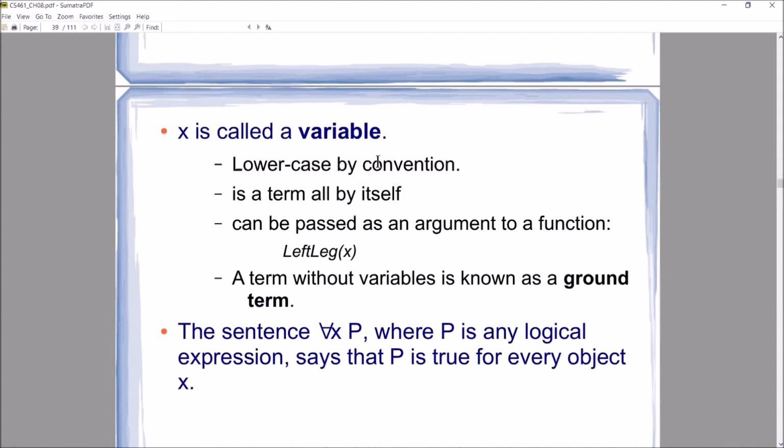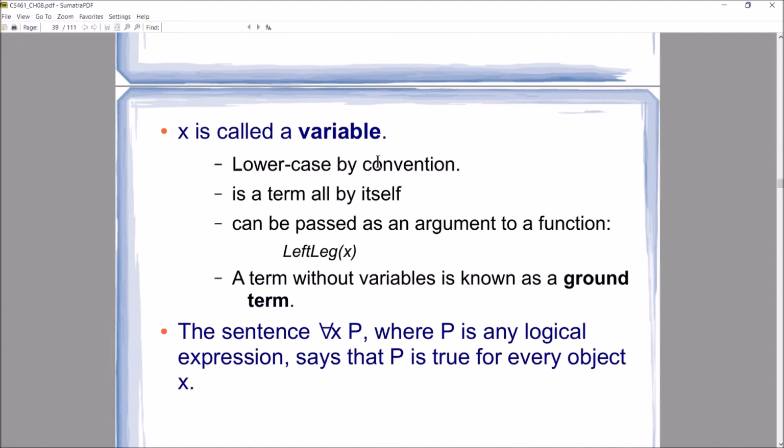Another way to put it is that for all x P is true in some model if P is true in all of the possible extended interpretations constructed from an interpretation given in that model, and x refers within that interpretation to some domain element.